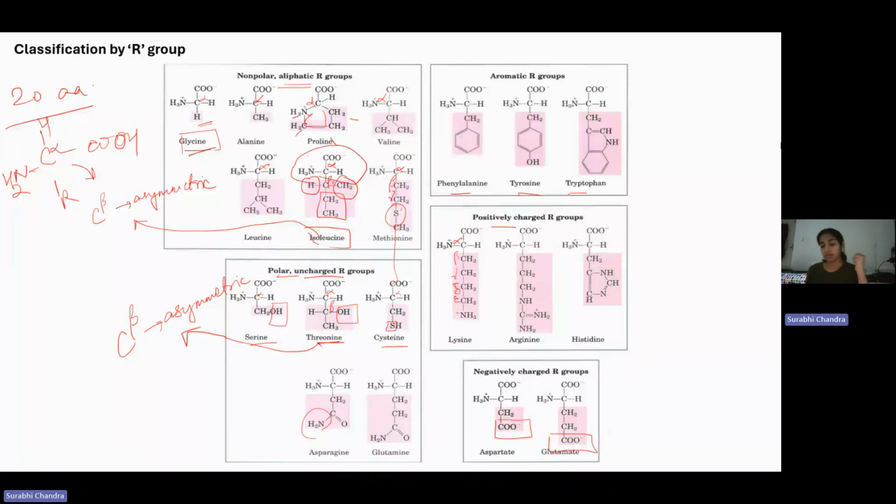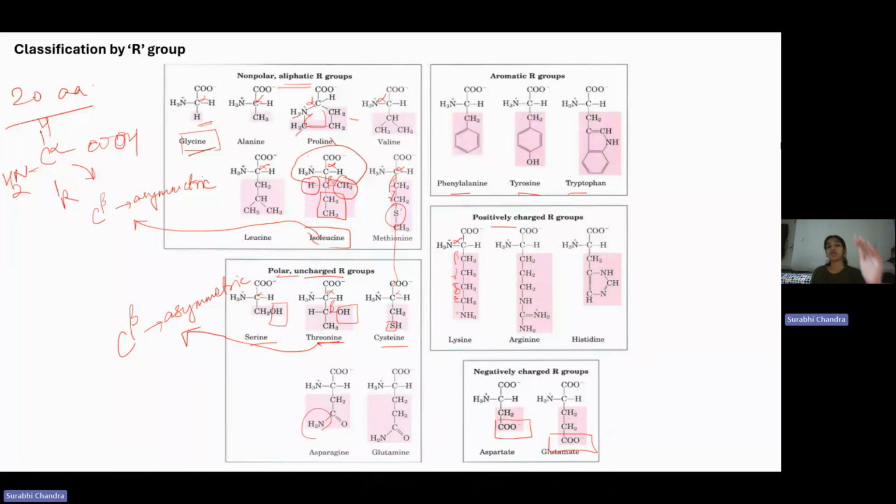So how did they come up with this nomenclature? Especially in case of the one letter code, it was based on the abundance of these naturally occurring 20 amino acids. Each was assigned a one letter code based on its abundance.